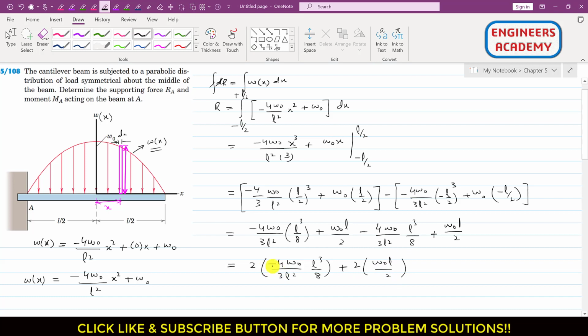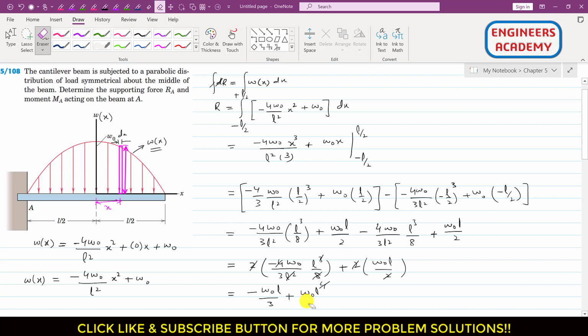And as we can see, if I multiply this, this will cancel out, L square will cancel out, so we will be left with 1 L, right? This 2 will cancel out, and we can write that this will become 2 into 4, and 4 will cancel out, right? So we will be left with minus omega naught L divided by 3, and this is plus omega naught L, right?